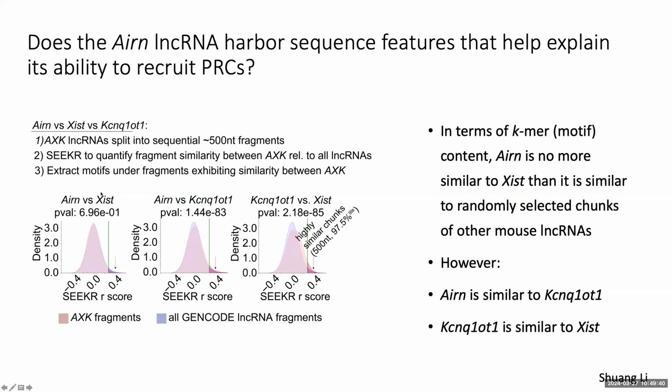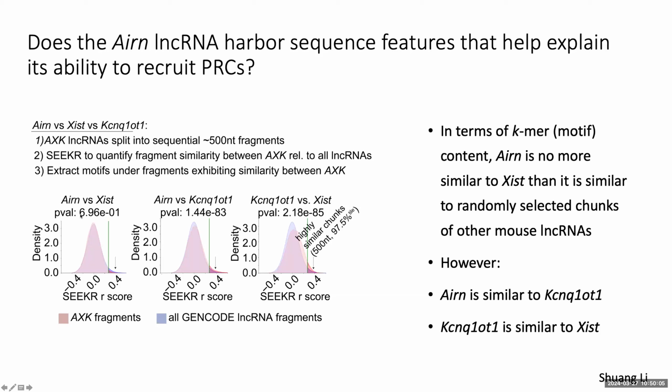And because we're interested in detecting regional similarities and differences, we worked through this. In the end, what we decided to do was split each lncRNA up into sequential 500 nucleotide long fragments and compare every fragment in Xist to every fragment in Xist, every fragment in Air to every fragment in Xist, and so on and so forth.